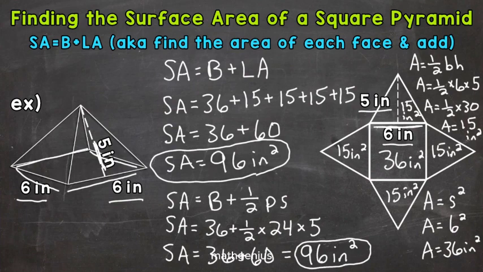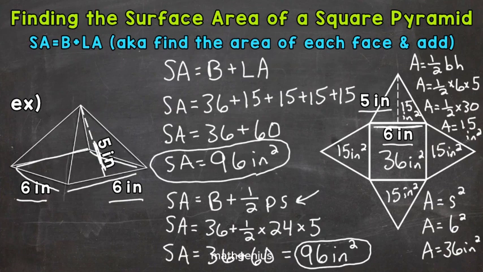So two different ways there to find the surface area of a square pyramid. We can find the area of each face and add all of those areas together, or we can use the formula right here. Surface area equals the area of the base plus 1/2 times the perimeter of the base times the slant height. Now the purpose of that formula is to condense everything into one formula rather than adding all of those faces up.